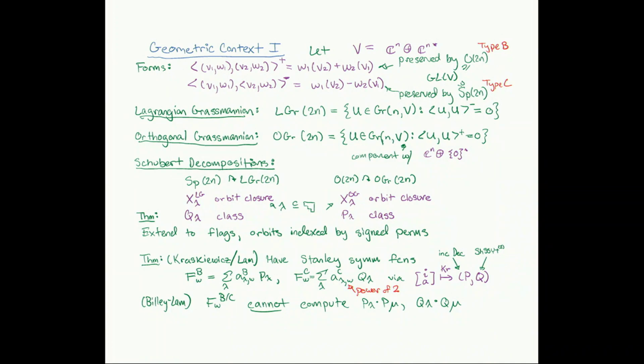And the orthogonal Grassmannian is going to be all of the vector spaces that are dual to themselves with respect to the plus inner product, except there's an issue, which is that there's two connected components in that set, and so you have to pick one of them. So this set in set builder notation is actually not connected, and so you're going to pick the component that contains, say, all of C^n plus just 0.